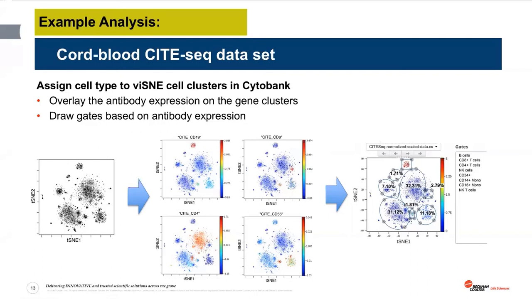So we know that this is a B cell. And then you can go to the gating page in Cytobank to draw gates based on the overlaid antibody expression on the Whitney map. So here again, I show you an example. You can draw different gates in Cytobank and define all these populations.